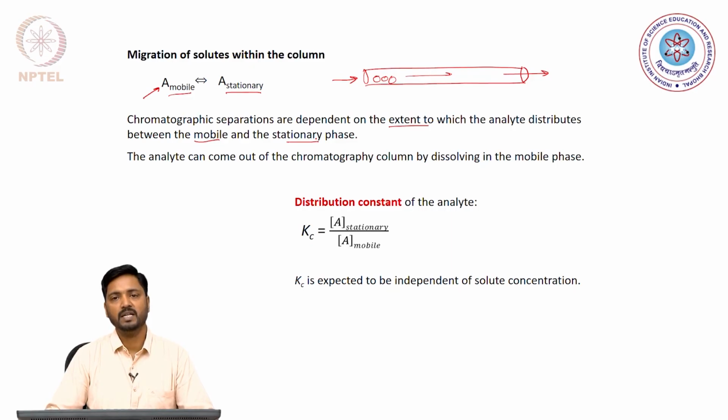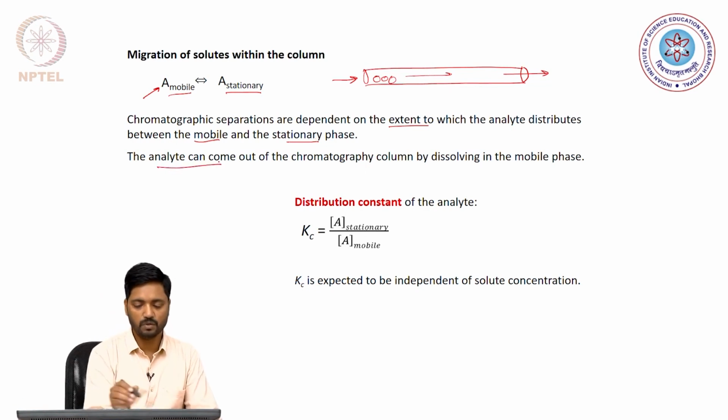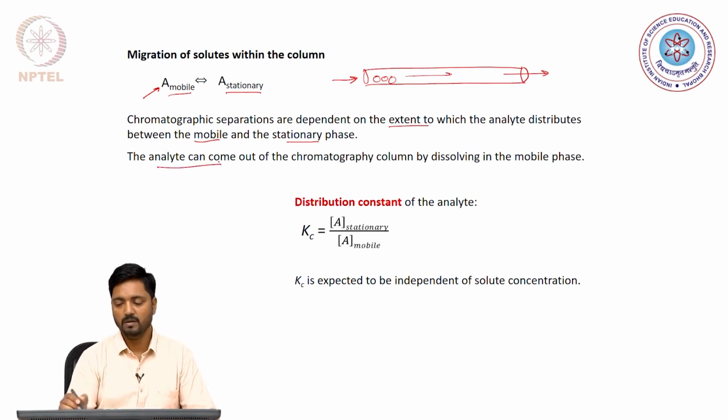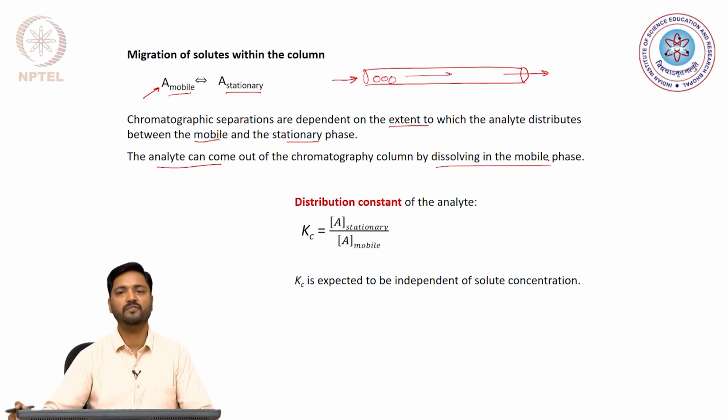However, if the analyte is spending more time on the stationary phase, it will stay longer within the column and will elute out much slower. Also, it is important to understand that the analyte can come out of the chromatography column by dissolving in the mobile phase. So, the better it can dissolve, the faster it can elute out.